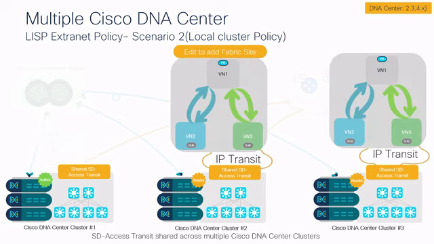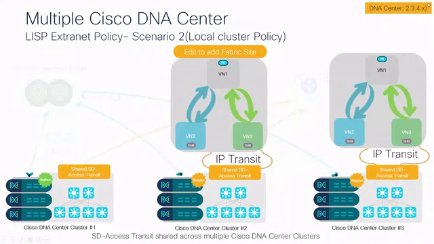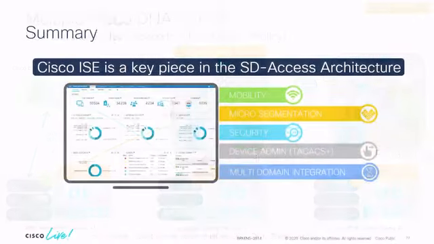This is where you have an edit option on the reader nodes to attach that policy to a respective site. Right? So this is LISP extranet with policy, but this also needs that MDNAC feature for it to work. So LISP extranet, the shared SD-Access transit, and all the other use cases which were called out, I think this is what ISE brings into the Fabric or into the SD-Access architecture.